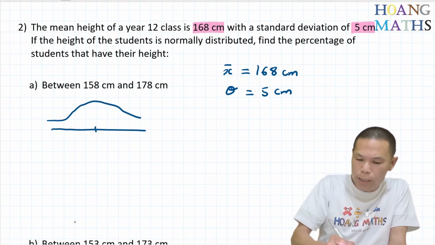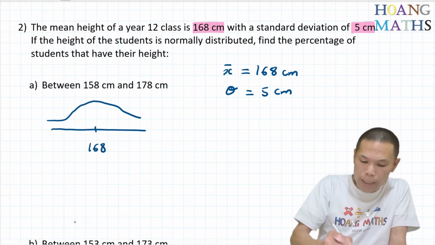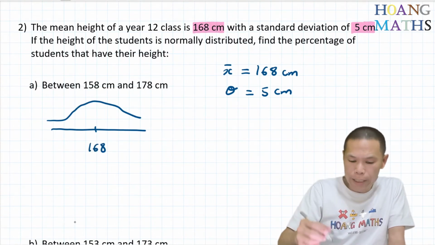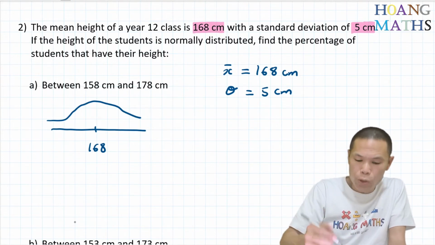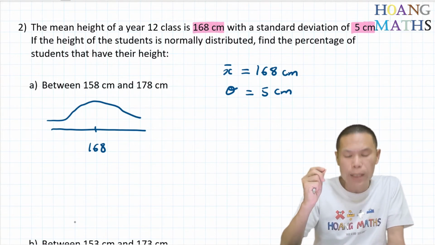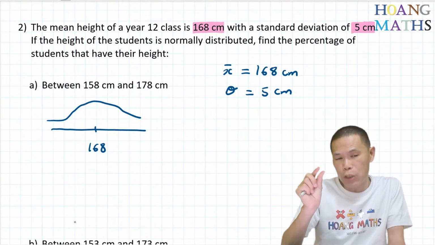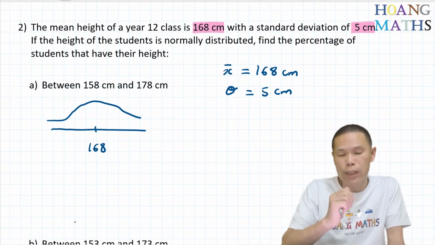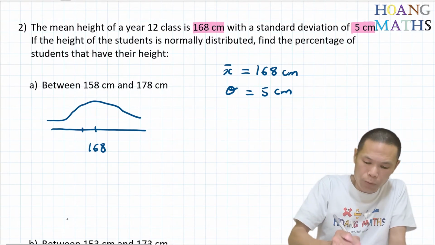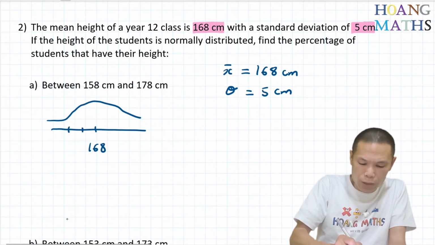So that is the mean, which is 168. And 158, that is 2 standard deviations below the mean. Because 168 minus 158 is 10, and 1 standard deviation is 5, so 2 standard deviations is 10. So we go 2 standard deviations, 1, 5, 8.